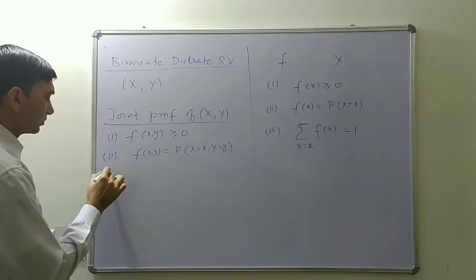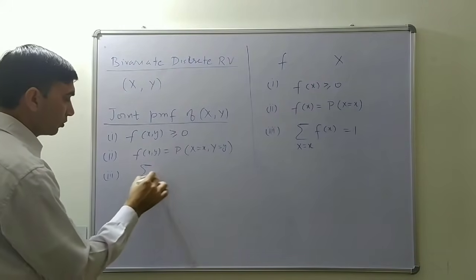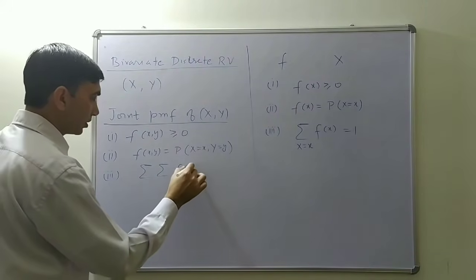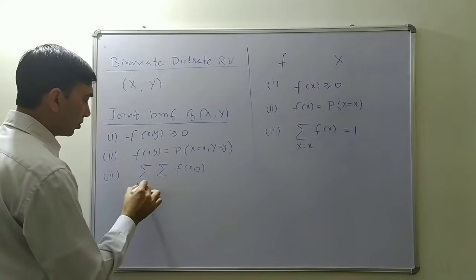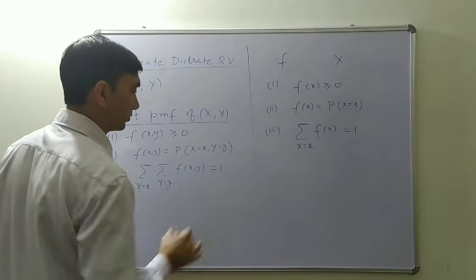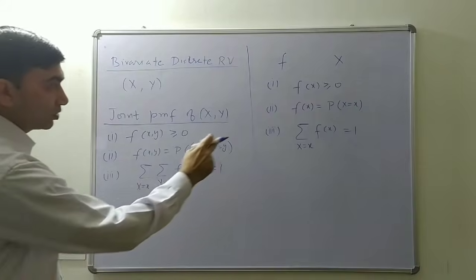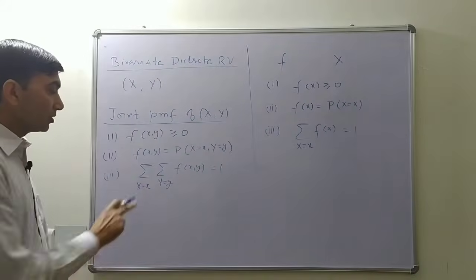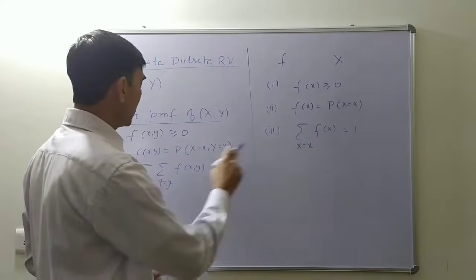Third, sum of all values of f(x,y) over x and y is 1. You can compare the two definitions. We have double summation in place of single summation.